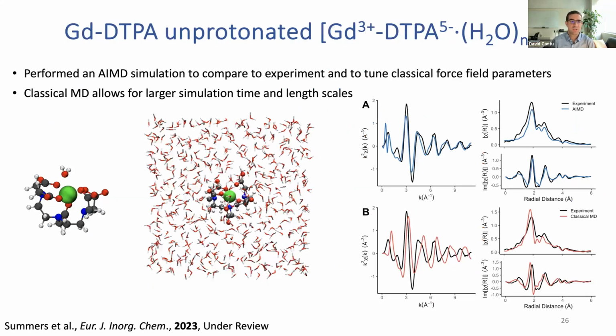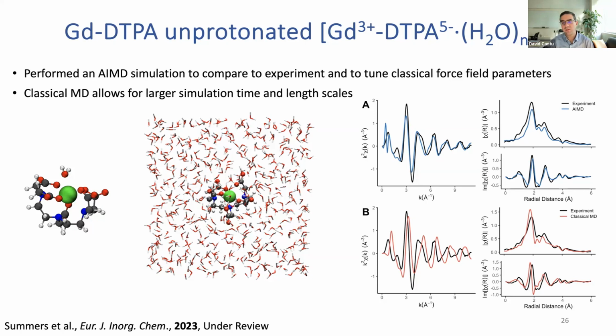And so we started with the unprotonated gadolinium DTPA, and we performed the ab initio MD simulation for 2 purposes. One is to generate the EXAFS and compare with experiment, but also to tune classical force field parameters for classical MD, because it allows for longer simulation times and length scales.